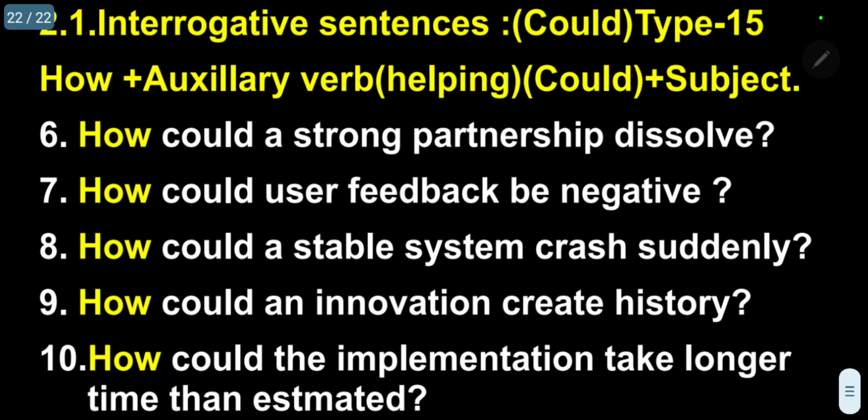So, I have discussed all the five types of auxiliary verb using how. I hope now you have a very clear idea how to ask questions using WH. This is the very, very important part.